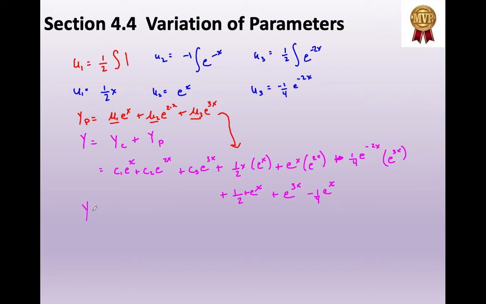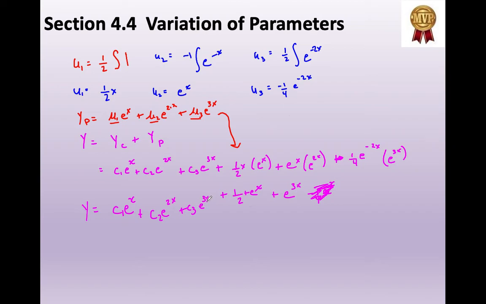So y equals C1 e, oh, hey, wait a second. An e to the x, and I've got an e to the x over here, don't I? Oh, I can combine those. I don't need you. Jeez, all that work for nothing. Plus C2 e to the 2x plus C3 e to the 3x.